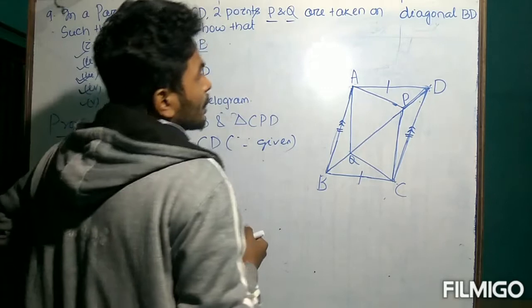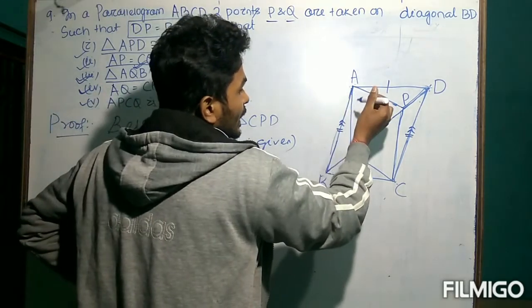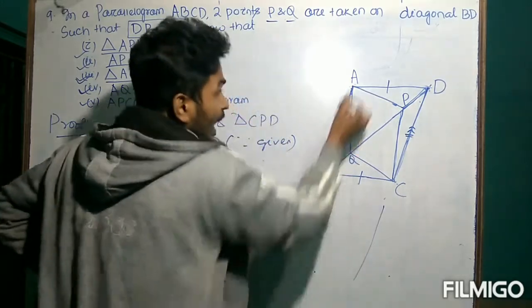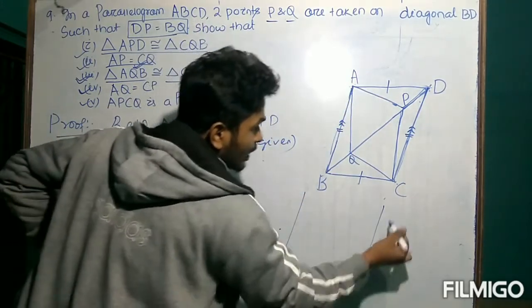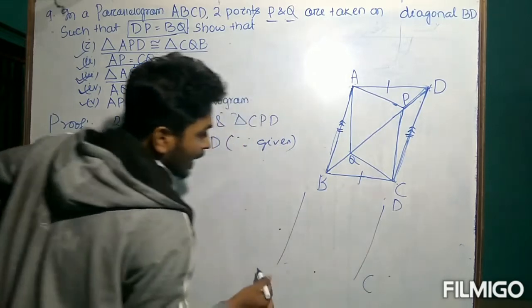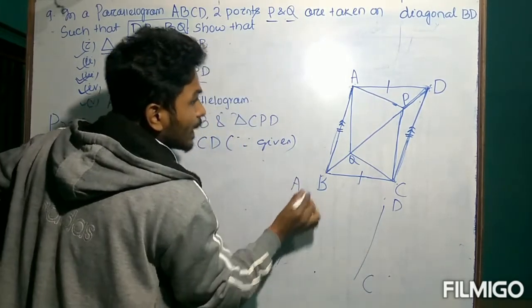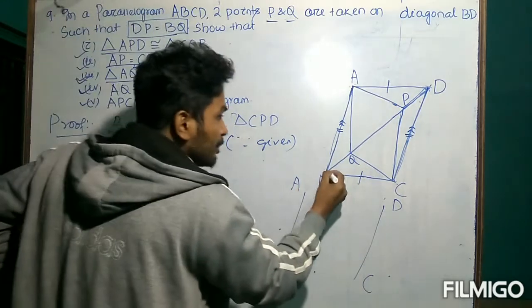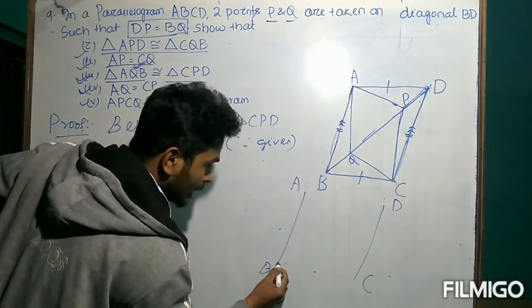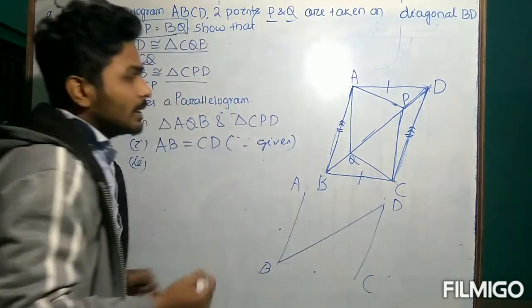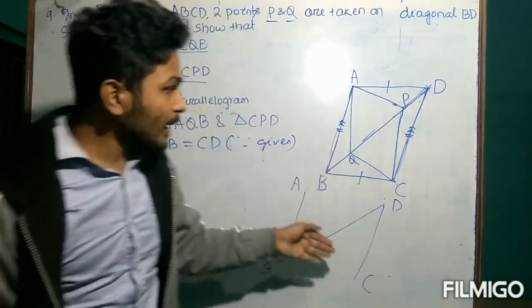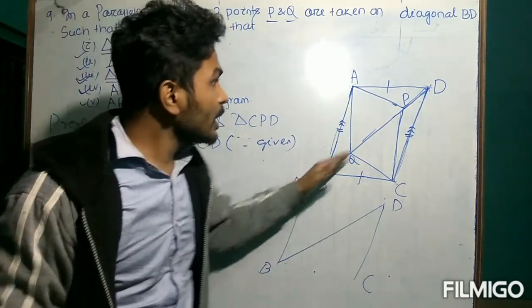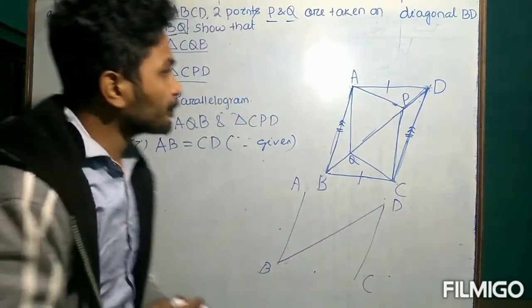Okay. So if we consider CD and AB as two parallel lines, and BD as a transversal line. Just correlate these two figures. I have considered CD and AB as two parallel lines, BD as a transversal line.